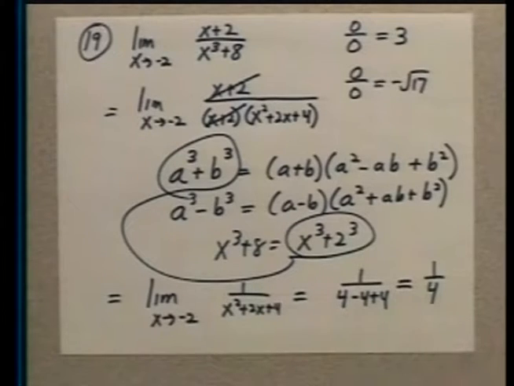Could I have gotten that answer numerically? Probably, because 1/4 is 0.25. And if I pick my numbers very close to minus 2, I bet you eventually you'd see it narrowing down to 0.25. So, what is he saying?